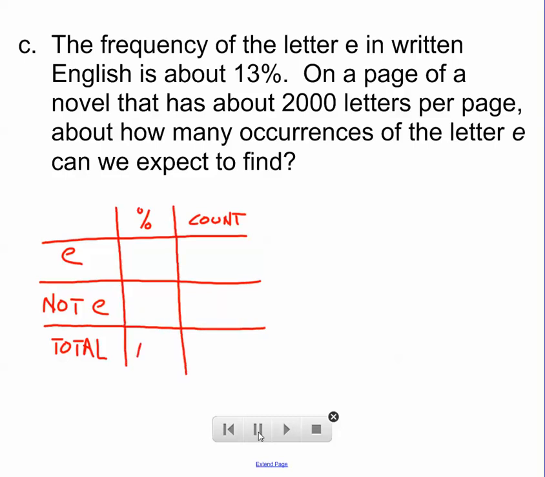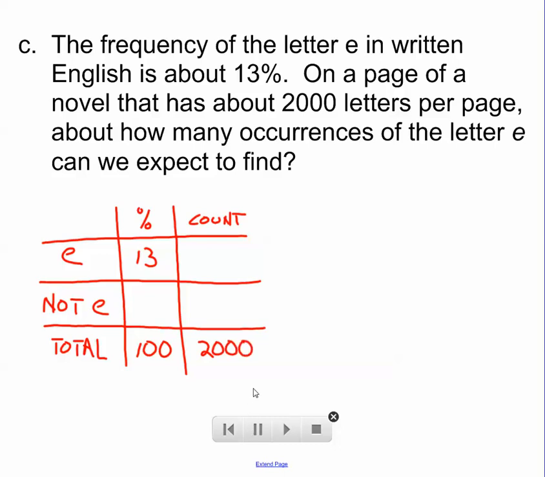Now, what have they given us here? Well, first of all, we know the total of letters that are E and letters that are not E is going to be 100% of the letters. First thing we know is that about 13% of letters on a page are E's. Second thing we know is that on this one page we're looking at, there are 2,000 letters.